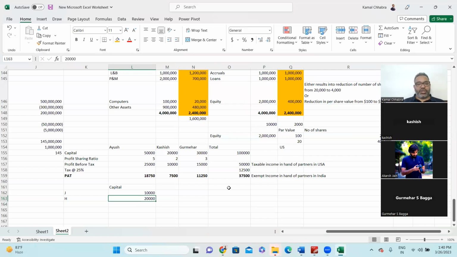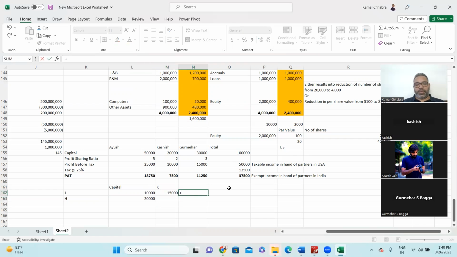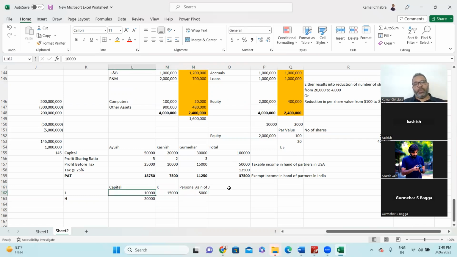Now Mr. J's share is being purchased by, let's say, K, and K is paying $15,000 for it, right? So this excess is the personal profit of Mr. J. So in the partnership firm, the capital remains same.